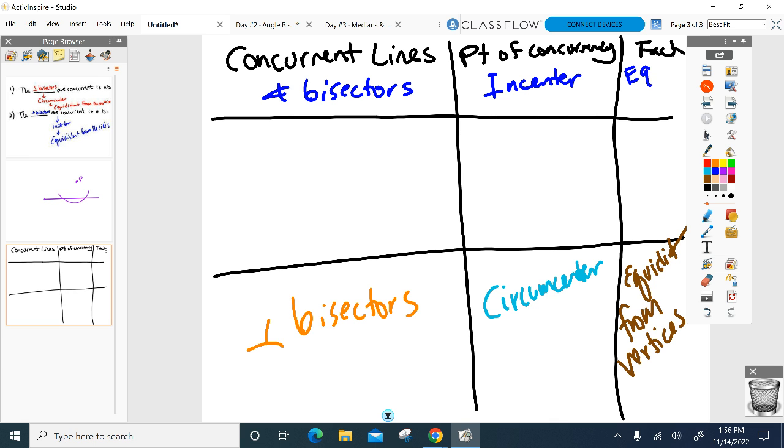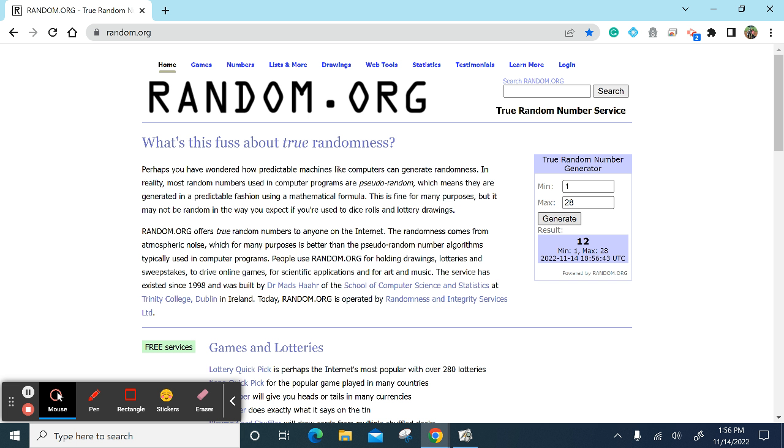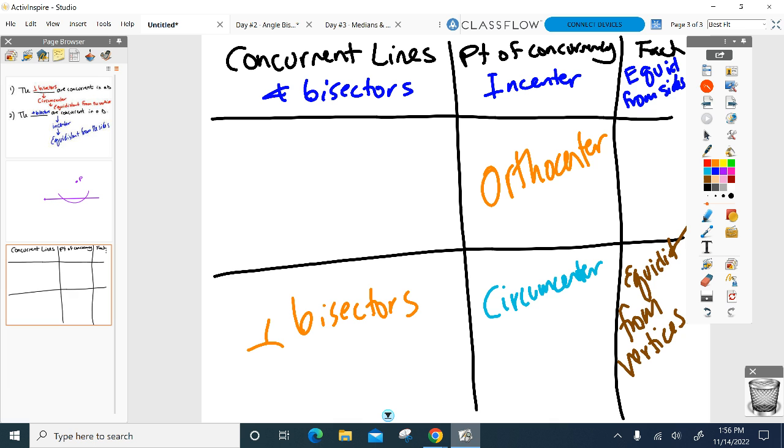The incenter is equidistant from the sides. 12, I gave you orthocenter. The altitudes. The altitudes, thank you.